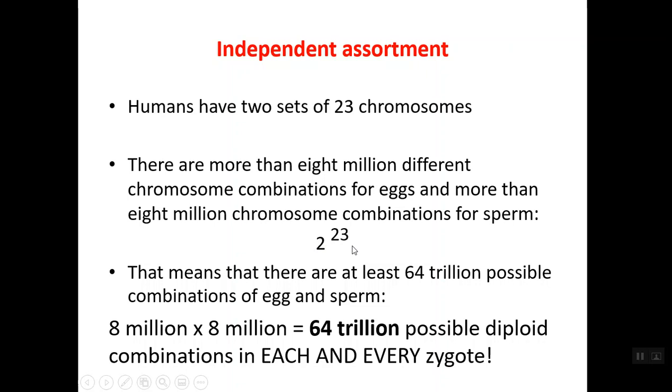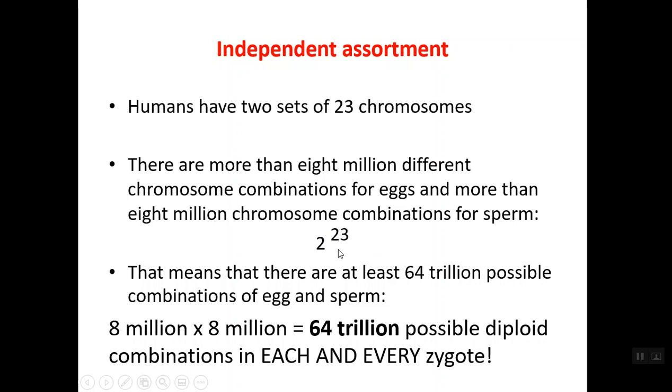So in humans, because we have 23 pairs of chromosomes, the number of combinations of chromosomes that can happen in our gametes, of the chromosomes that we have inherited from our mom and dad, is given by this operation, and this is more than 8 million, 8,300,000 something.